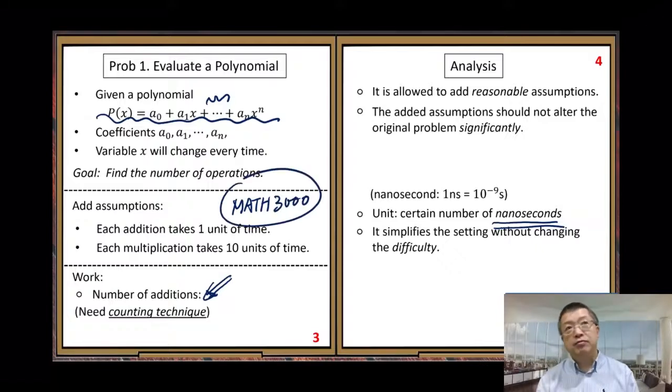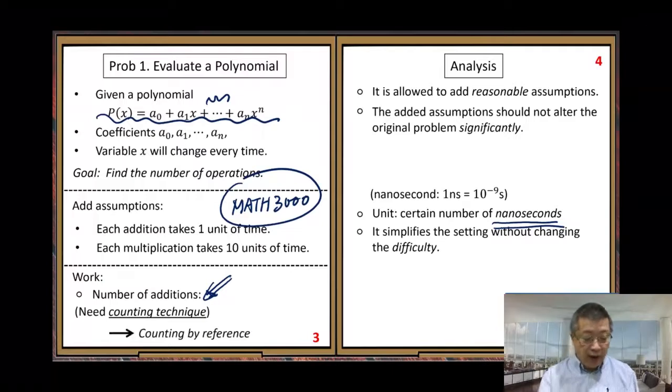You should have this Math 3000 as the prerequisite. In that course, you learn many basic counting techniques. I don't know if you learned this or if you forgot this basic technique.